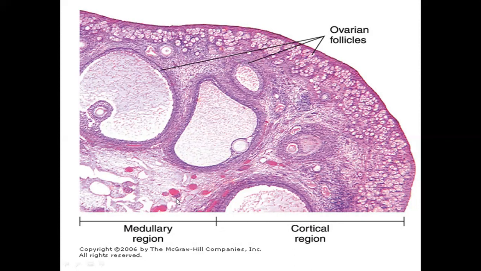The centermost area in this micrograph, where no follicular development is happening and there is only connective tissue and blood vessels entering and providing nourishment, is termed the medullary region.